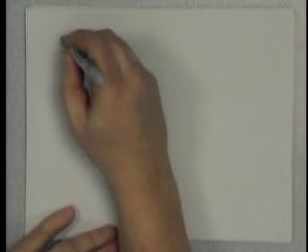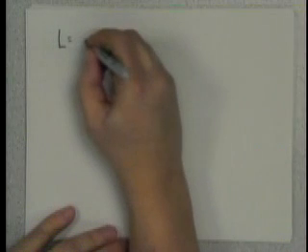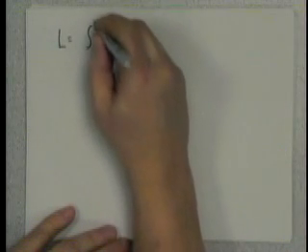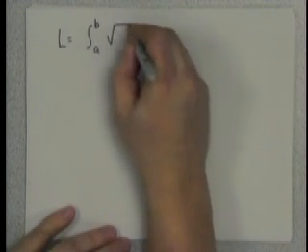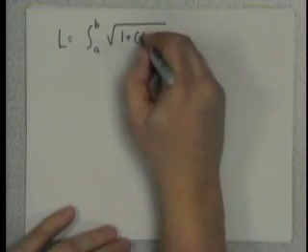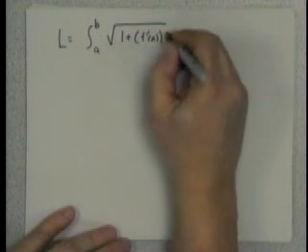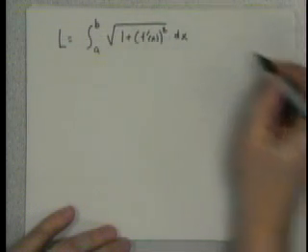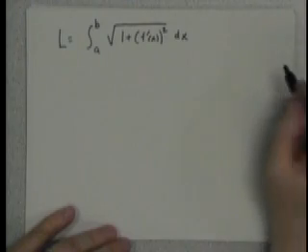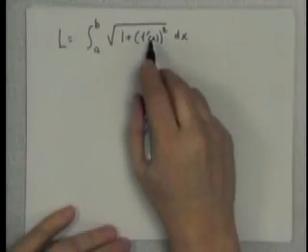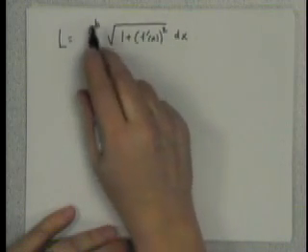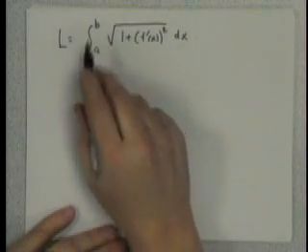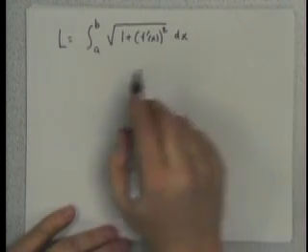I'll just remind you of the formulas, but if you want to use your book to look at things. For arc length of a curve, that was the formula we used, where if y equals f of x, you had to find the derivative, square it, add 1, take the square root of that, and then integrate that from the left-hand point to the right point, and that would give us the arc length.